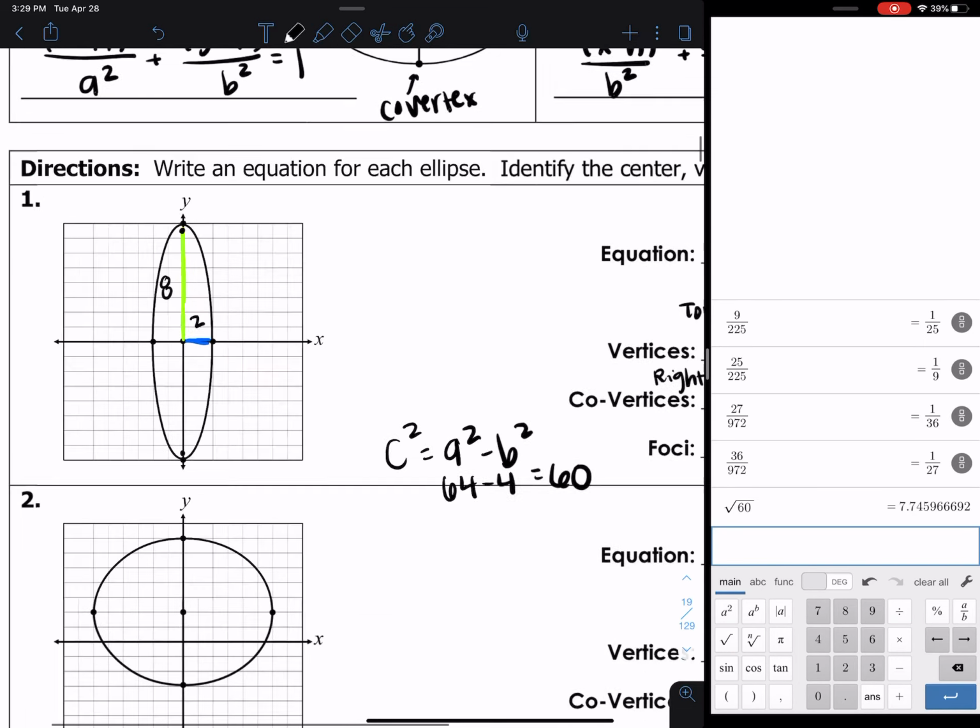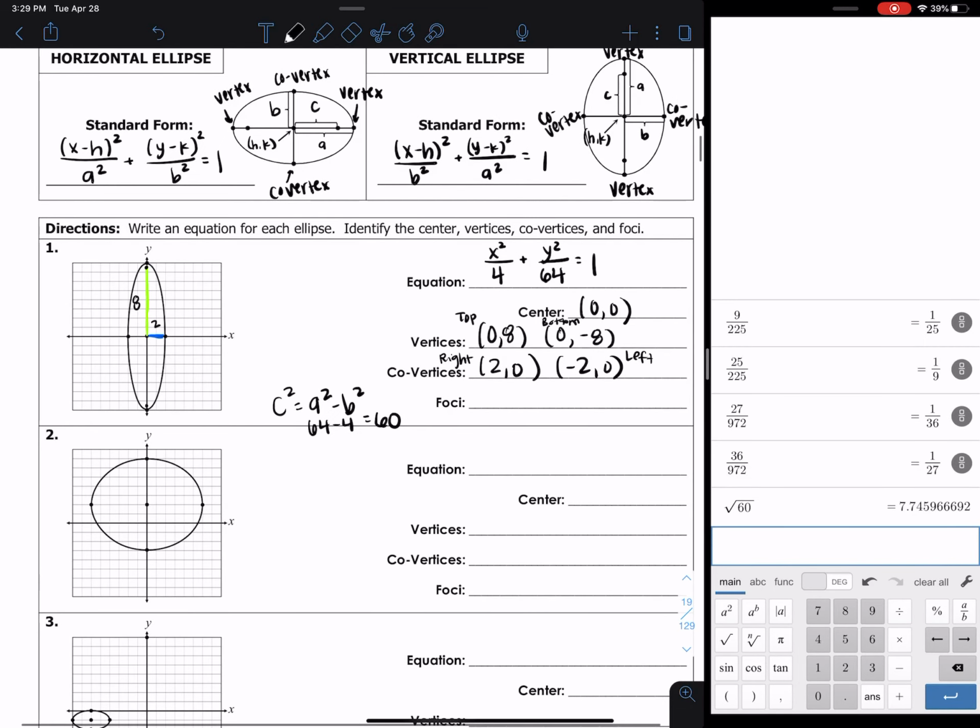So the coordinates of the foci, the top one would be (0, 7.7), and the bottom would be (0, -7.7). And that's how you would type it into the quiz for the top and bottom foci coordinates.